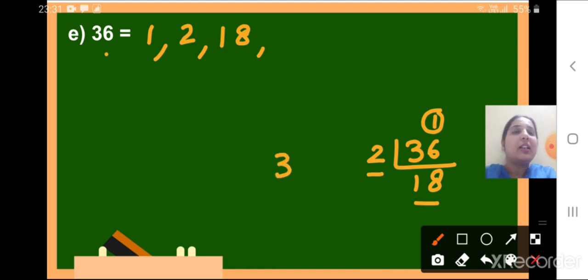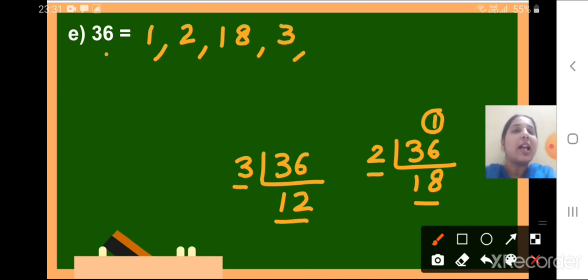Now let's see number 3. So 3 ones are 3, 3 twos are 6. So 3 12 times means 3 as well as 12 are the factors of number 36. Then we get 36 in the multiplication table of 4 as well. 4 nines are 36, it means 4 and 9 both are the factors of 36.